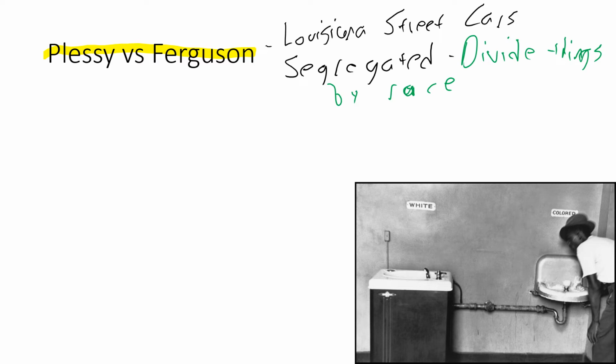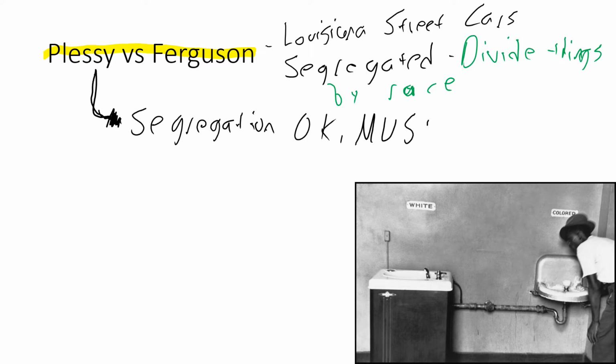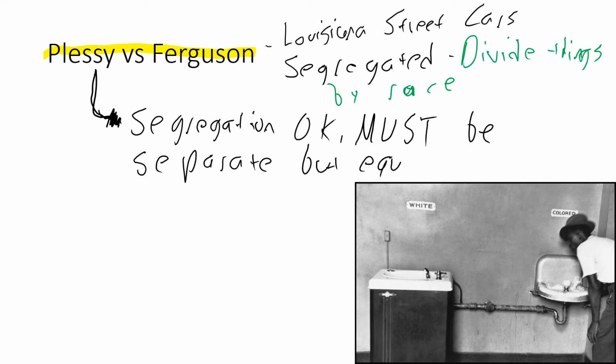But the trick here is, under Plessy versus Ferguson, the big thing that it said, let's make sure we get this down, was that segregation was okay, but it must be separate but equal. So this new little phrase here, separate but equal, becomes a big thing in the South.